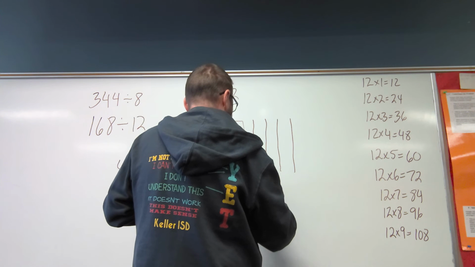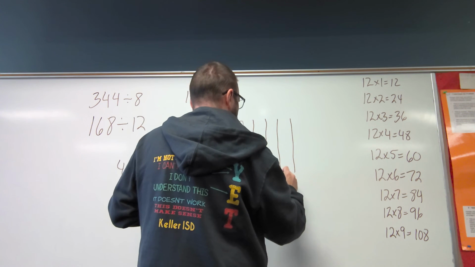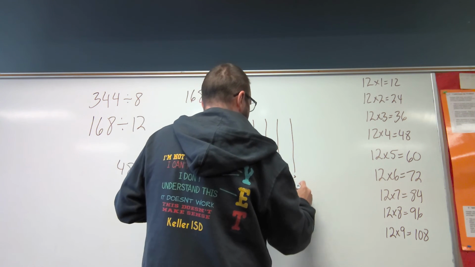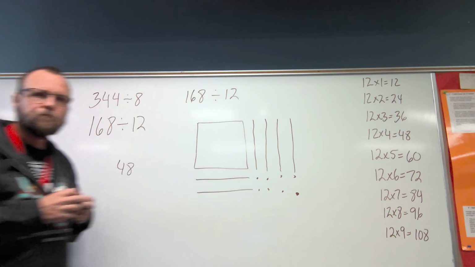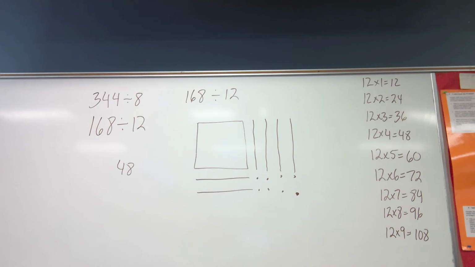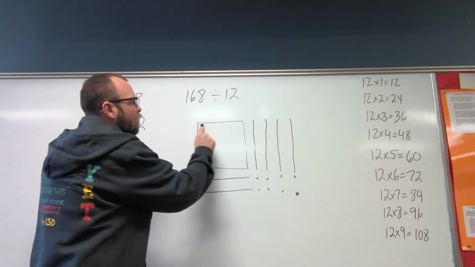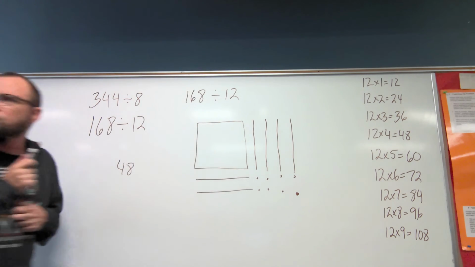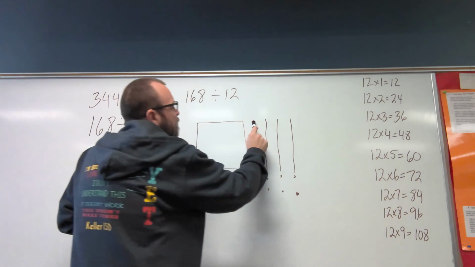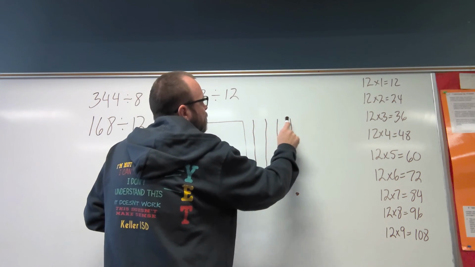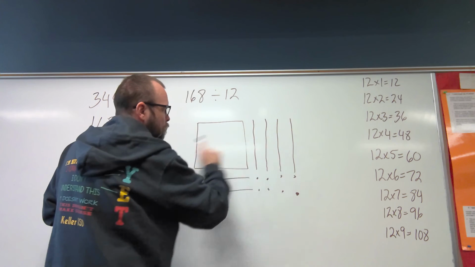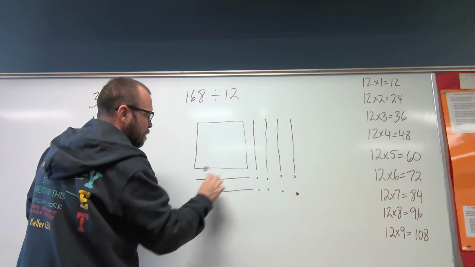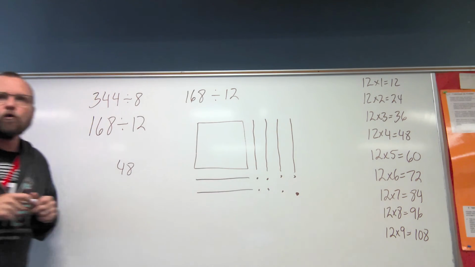And then 164, 168. Now to decide what my quotient is, I just go across. One row here would have how much? 10, plus 11, 12, 13, 14. So each one of these rows, and there are 10 rows here, plus 2 more rows, each has 14.